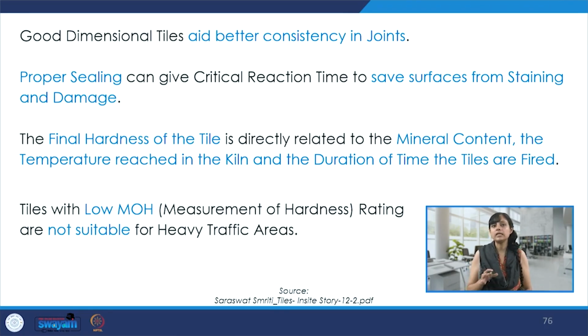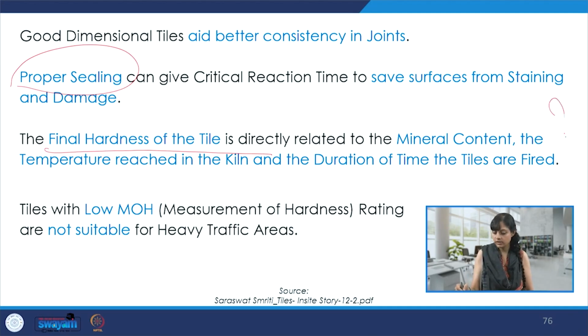Good dimensional tiles will always aid better consistency in joints. And then of course proper sealing can give critical reaction time to save surfaces from staining and damage. The final hardness of the tile is directly related to the mineral content, the temperature reached within the kiln where they are fired, and the duration of time the tiles are fired.